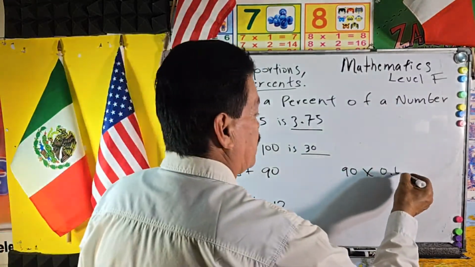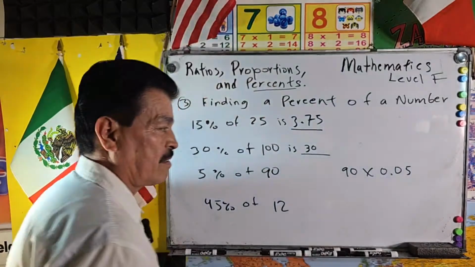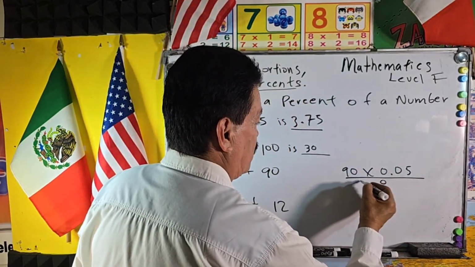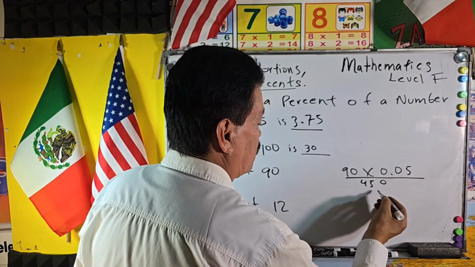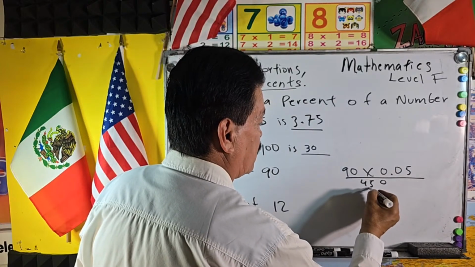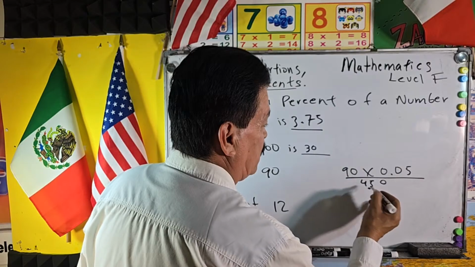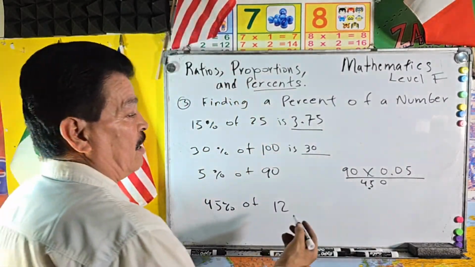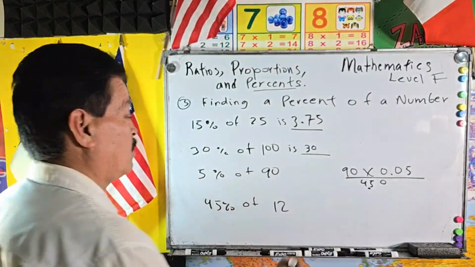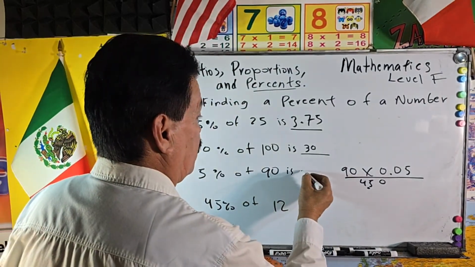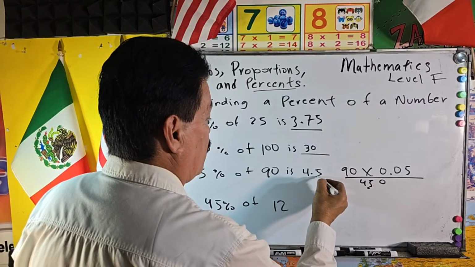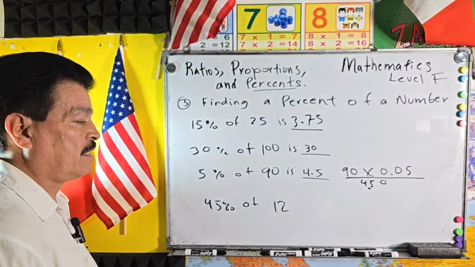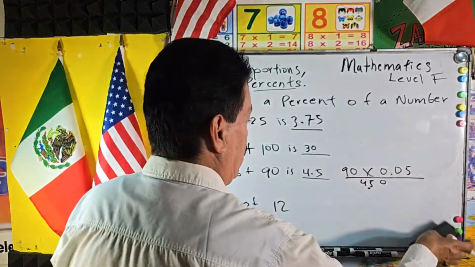Just write it 0.05. Then we have to take two spaces for the decimal. 450. So it is 4.5, right? Or 450 with the decimal. It is the same.